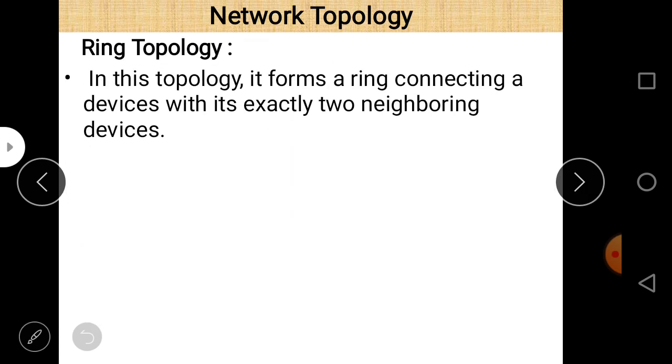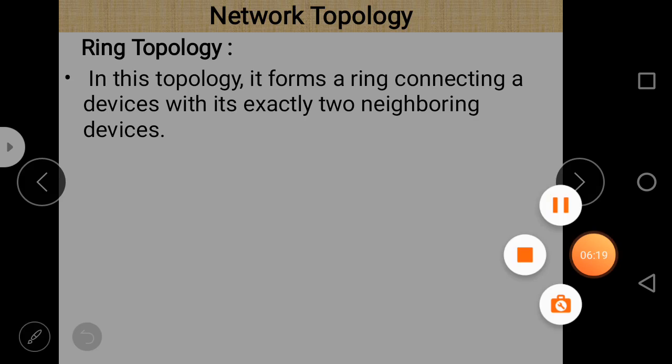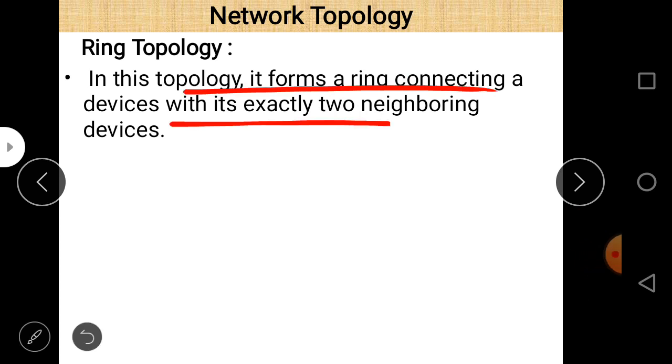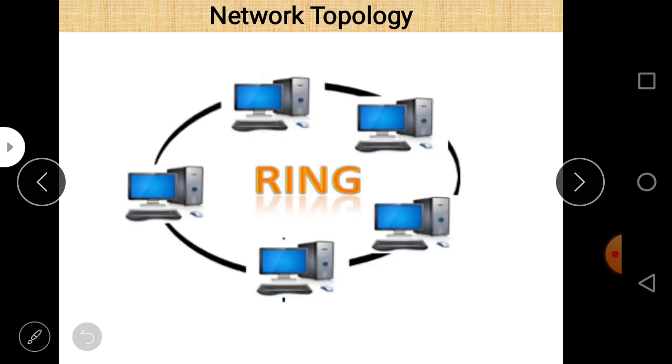Next is ring topology. In this topology, it forms a ring connecting devices with exactly 2 neighboring devices. This is the diagram of ring topology. It is similar to the bus topology, but the only difference is that there is no terminator.